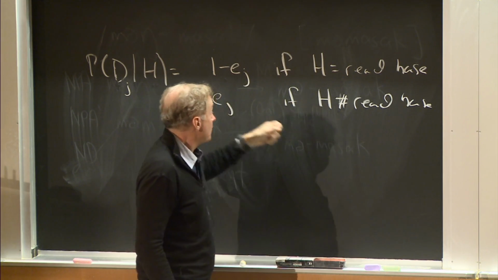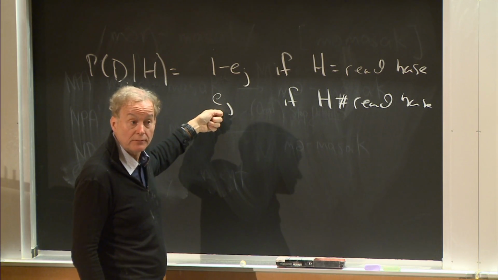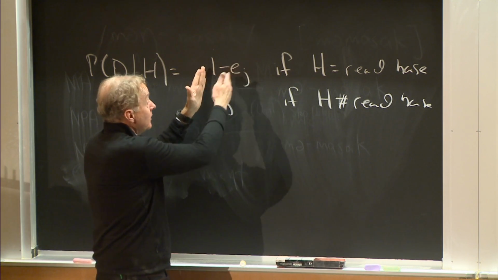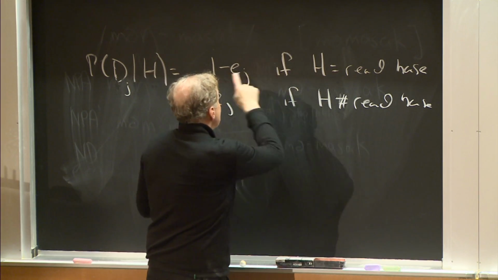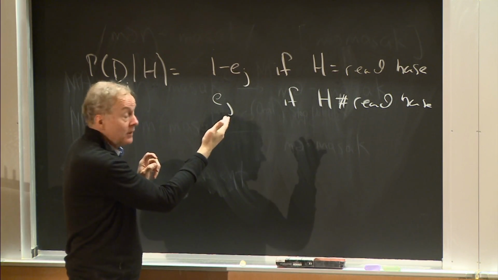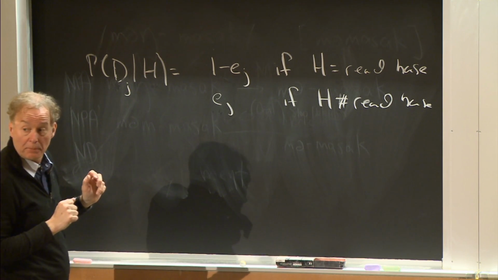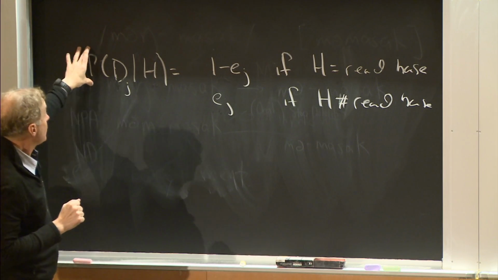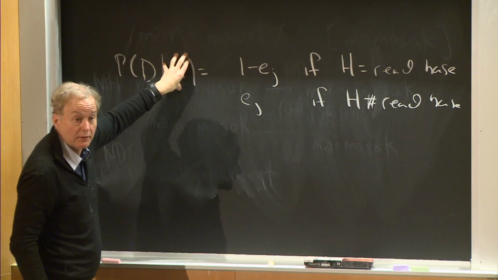If it isn't correct, the probability is just the error at that base that the machine reported. So we're using the error statistics from the machine: if it matches what we expect, it's 1 minus the error, and if it doesn't match, it's simply the error that's reported. This is the probability of seeing a particular read given a hypothesized base that should be there.